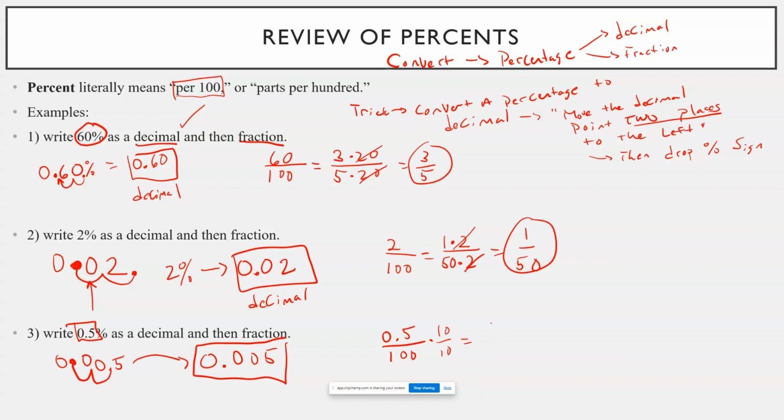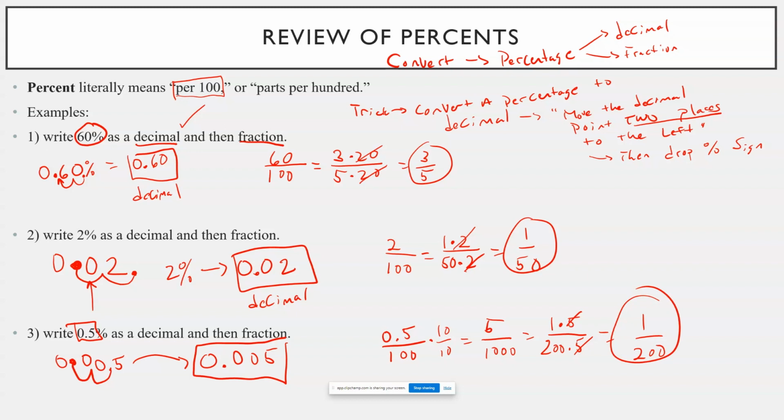And look what happens. I get 5 over 1,000. So the decimal goes away. But now you just need to simplify this. And 5 is the same thing as 1 times 5. And 1,000, I think 5 goes into 1,000 200 times. So the 5s cancel here. And this is just 1 over 200.